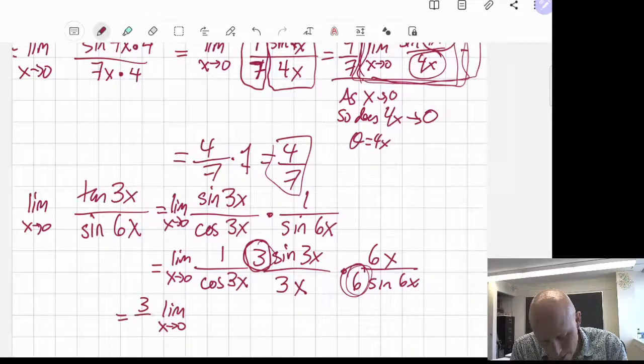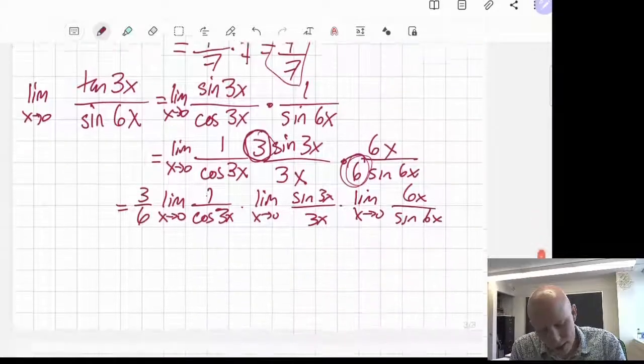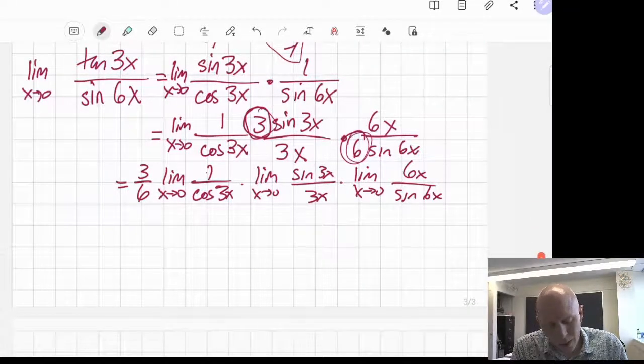So 3 divided by 6. I have a 1 over cosine of 3x. I have a limit as x goes to 0 of sine of 3x over 3x. And I have a limit as x goes to 0 of 6x over sine of 6x. Okay, we're almost there.